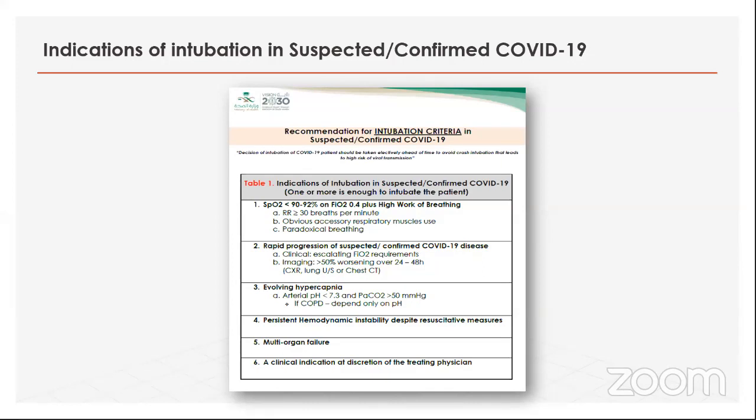We'll go through why we selected these numbers and what we need to define the high work of breathing. The work of breathing, we defined it here as any of this: respiratory rate more than 30 breaths per minute, obvious accessory respiratory muscle use, and paradoxical breathing.